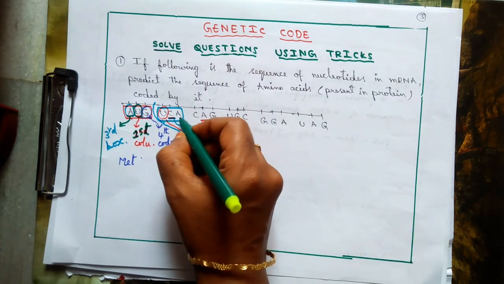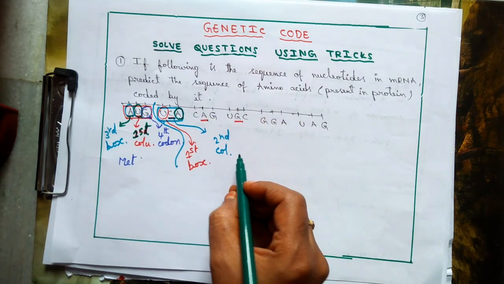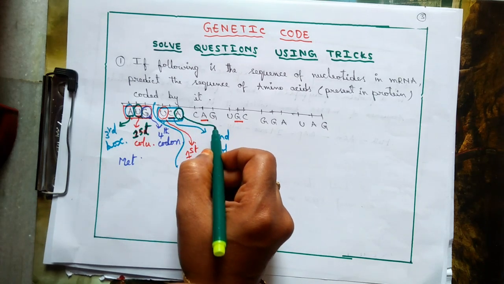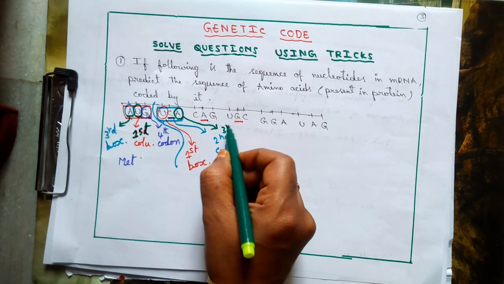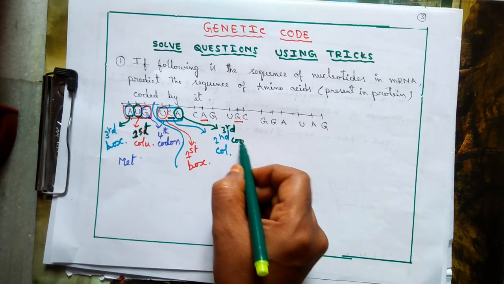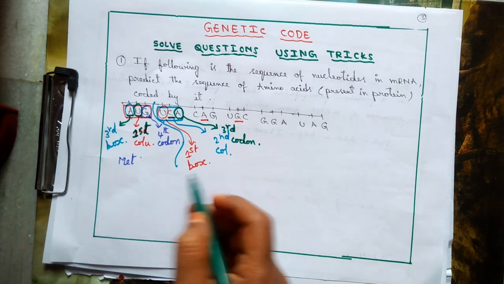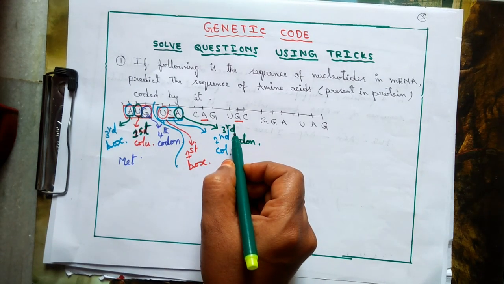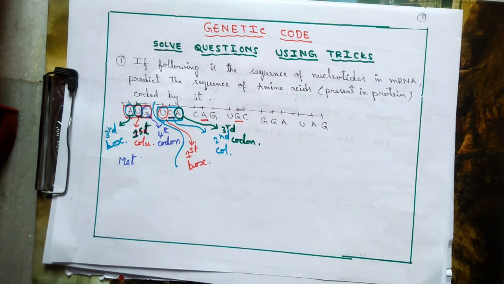Now observe the third base. The third base is A, na? So it is the third codon present in the first box of the second column.